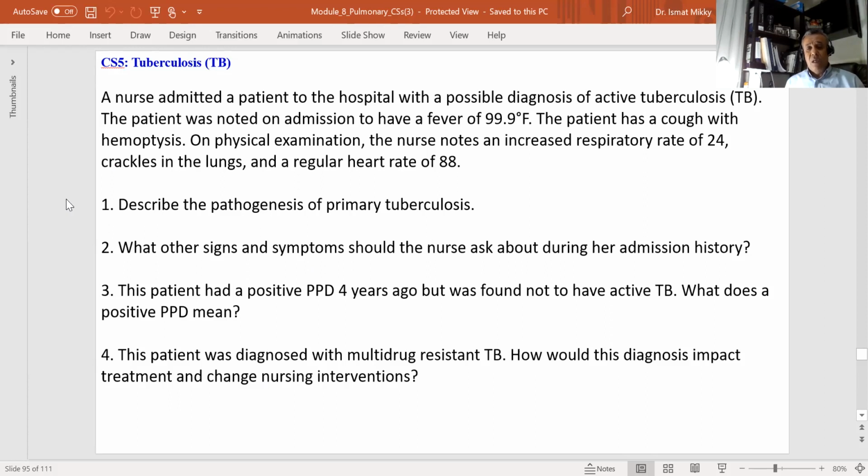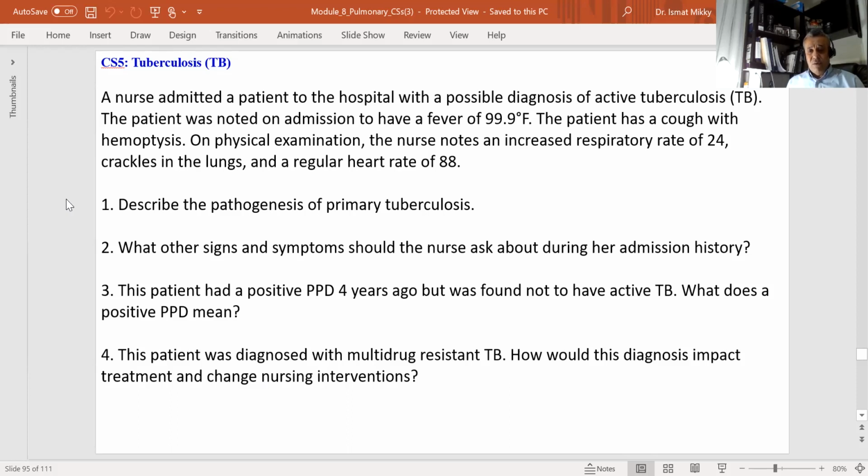So the sputum will be tested for AFB, acid fast bacillus. That's the exact testing for the TB when we test the sputum for AFB.